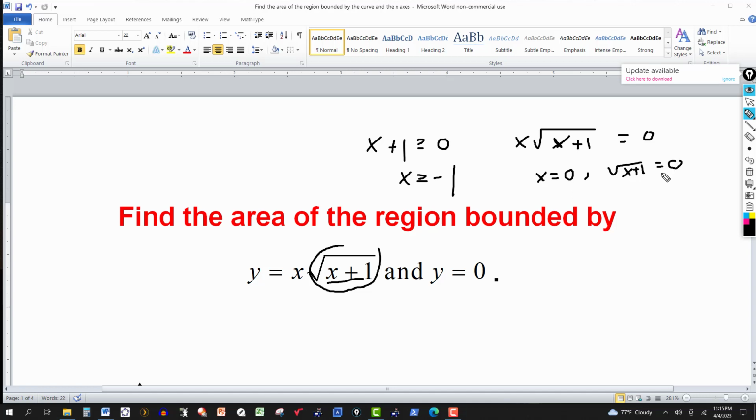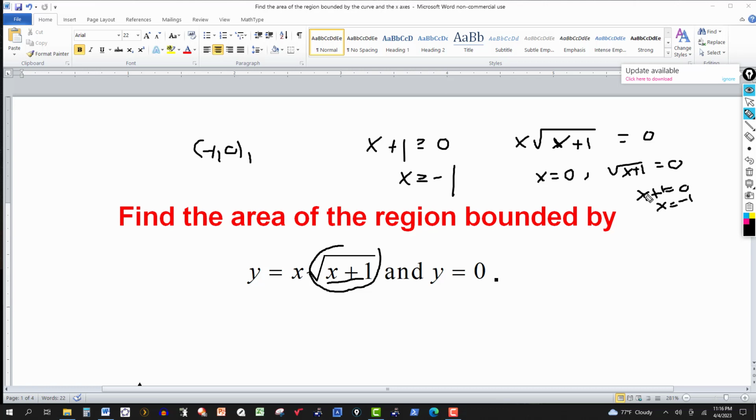If I square both sides, I get x plus 1 equals 0, which means x is equal to negative 1. If I replace the x by negative 1 in the function, I get negative 1 times the square root of negative 1 plus 1, which is 0, so the y value is 0. One point of intersection of the function and line is negative 1, 0.